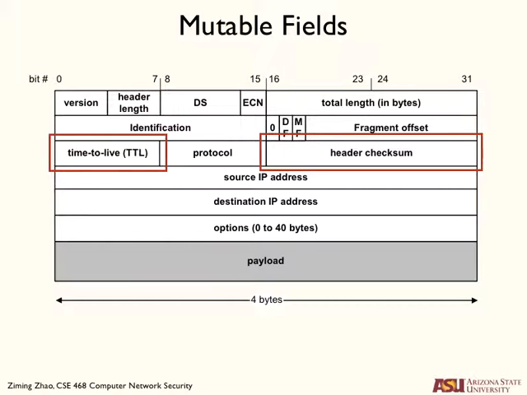We are not going to calculate the time to live or checksum part, because the routers, the middle boxes, the gateways in the transmission paths will change those fields. So IPSec cannot really protect those fields. But fortunately, those fields cannot be used for a lot of attacks. So we can afford not protecting those fields.